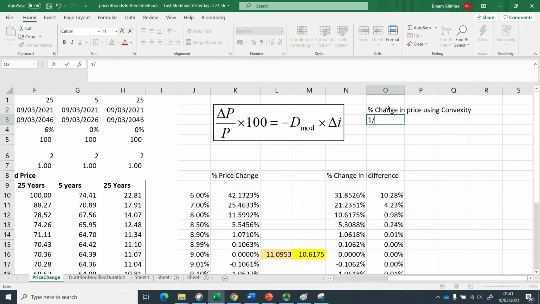What you need to do is half of the convexity measure times delta i square, which is basically yield change square. Okay, so this is what you need to do.